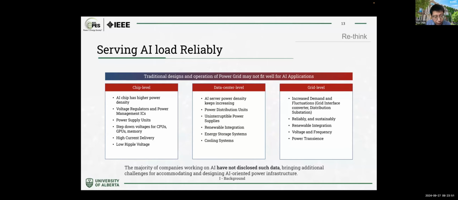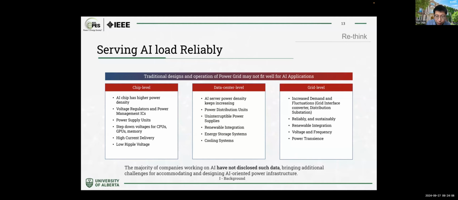One thing to notice here is that, based on our observations and investigations, the majority of computing companies like Microsoft, Google, or Meta are not willing to disclose data on the data center design or the interaction with the power system.